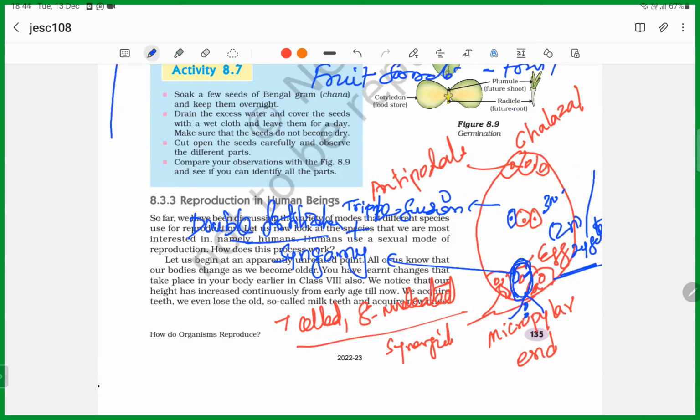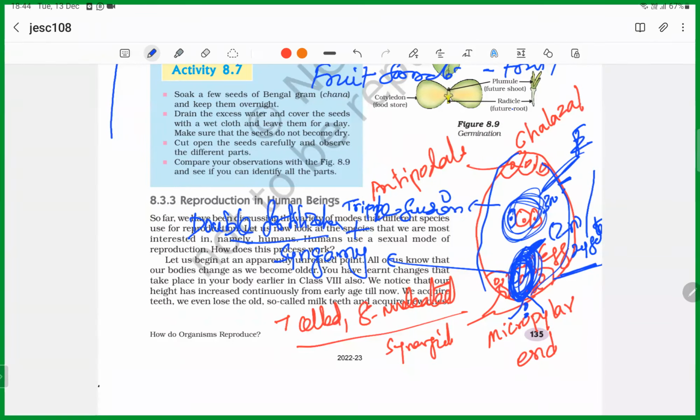This is the egg cell, and this only develops into embryo. And this will develop into endosperm.